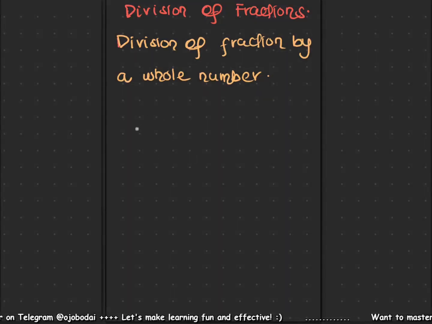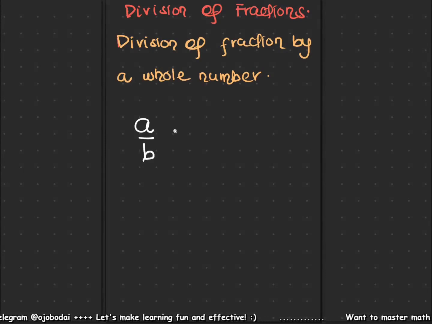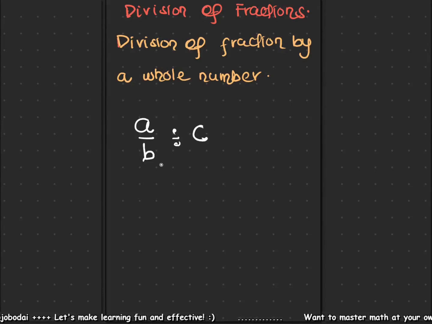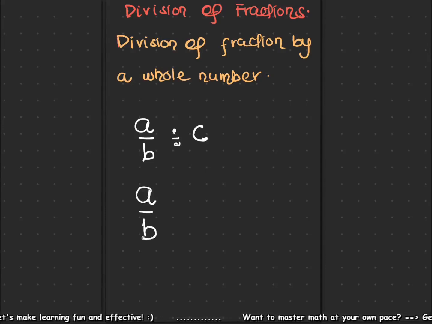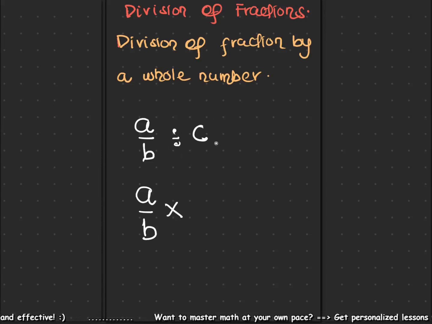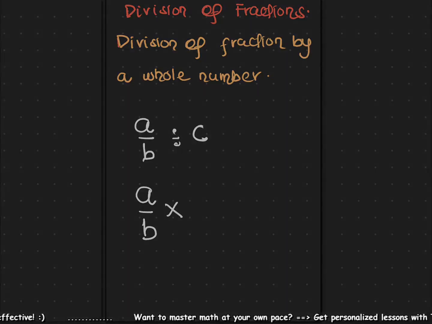Now let's say we have a fraction a over b and we are dividing it by a whole number c. All we do is we write our a over b just as it is. Then the division sign becomes a multiplication sign. So times, then instead of the c, we know every whole number is over 1.